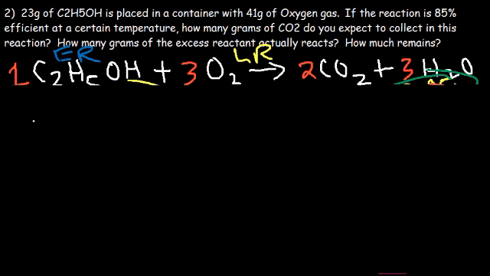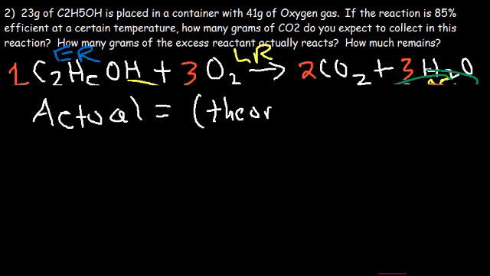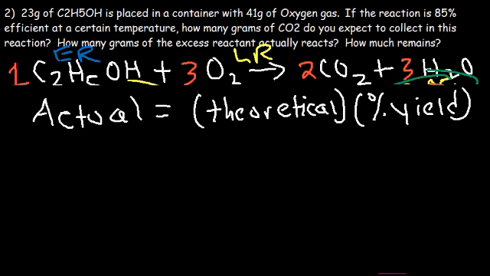So whenever you want to find the actual yield, it's equal to the theoretical yield times the percent yield, but divided by 100%. That's how you calculate the actual yield.